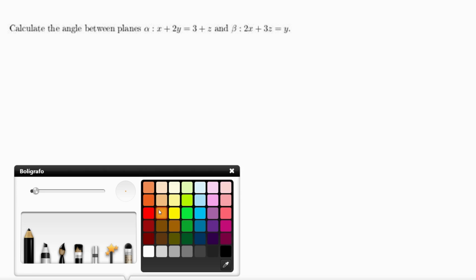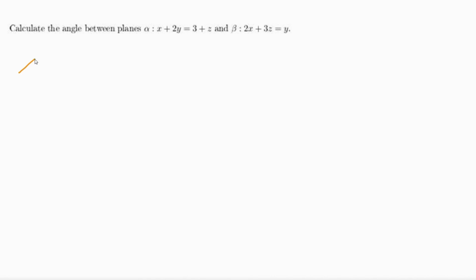Let's assume a couple of random planes. So let's say that this is alpha, and somewhere we have beta, right? 3D planes floating in space, and I'm restricting their graph, since at some point we need to limit their extension, but you already know that planes are by definition infinitely large.